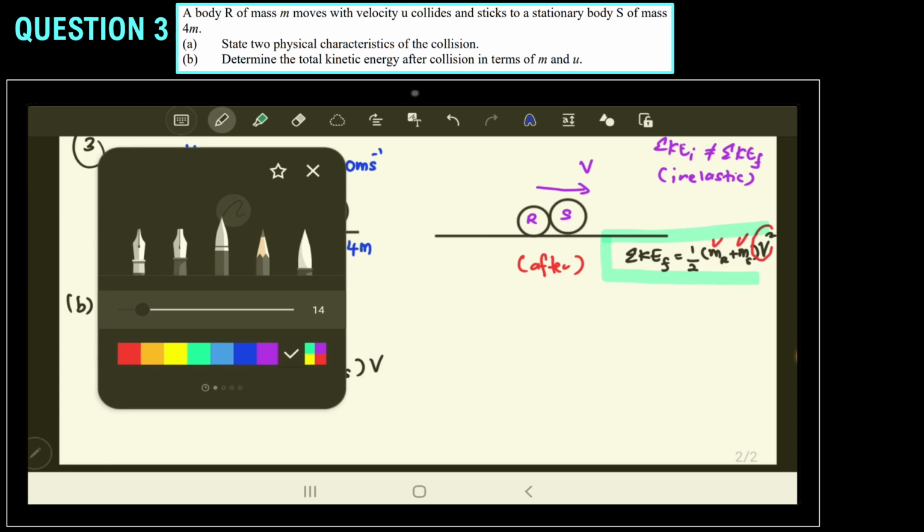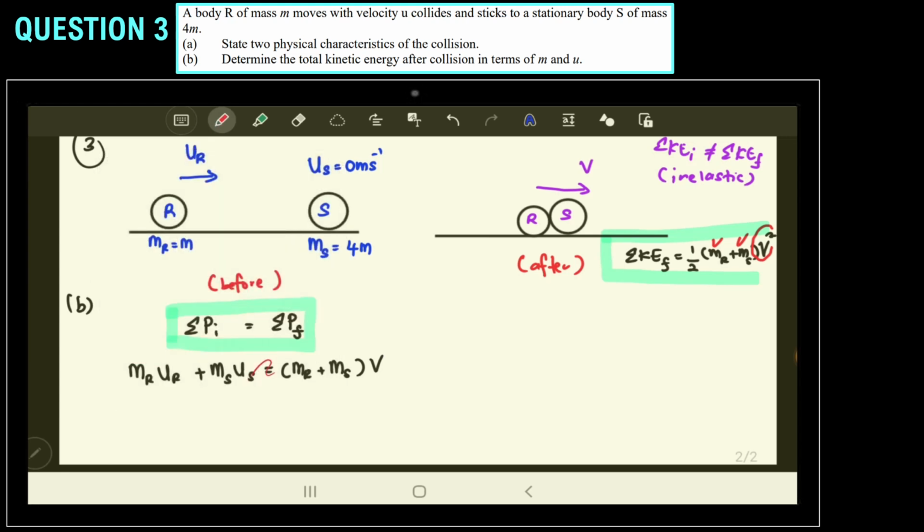So initially, since mass s is stationary, its initial velocity is equal to 0. Therefore, we can substitute mass r is equal to m, ur is equal to u, because we want it in terms of u. It is equal to m_r, which is m, plus m_s, which is 4m, times v.